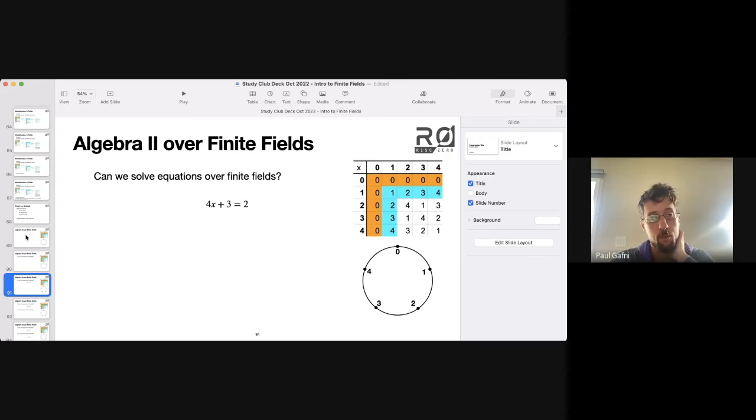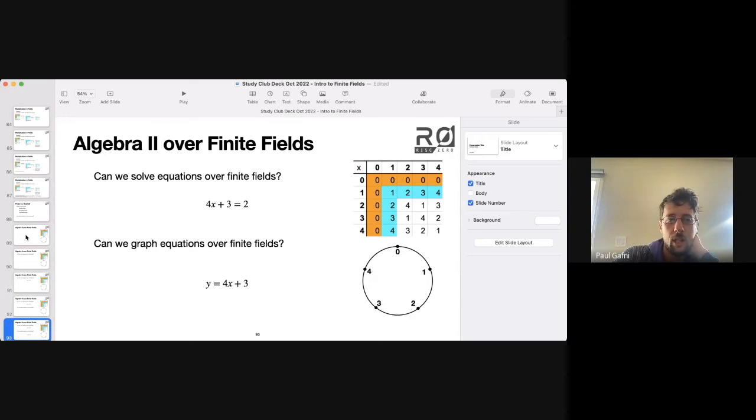This might be more of an Algebra 1 equation, but here's something that we might wonder, is there an x that satisfies this equation? And we try to graph equations. These are, I think, the two things that students in Algebra 2 spend most of their time on, solving equations and graphing equations. And we might wonder, does it make sense to do Algebra 2 over finite fields? Can we solve that equation, and can we graph this equation?